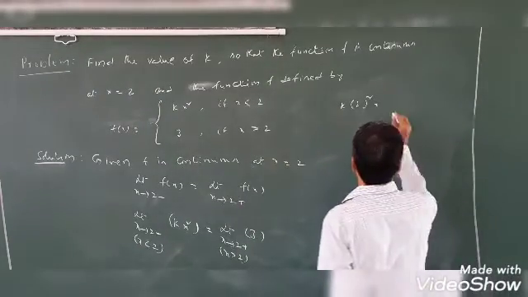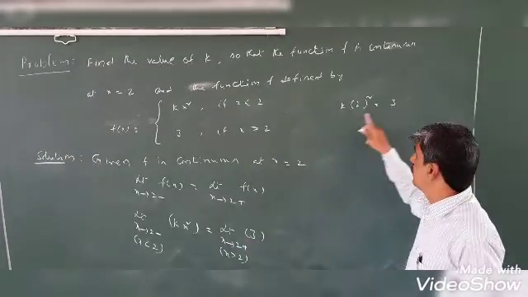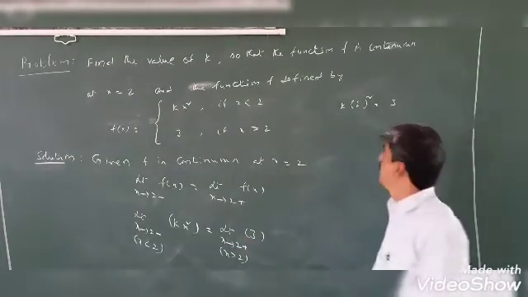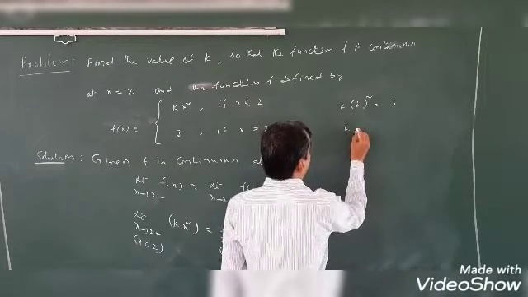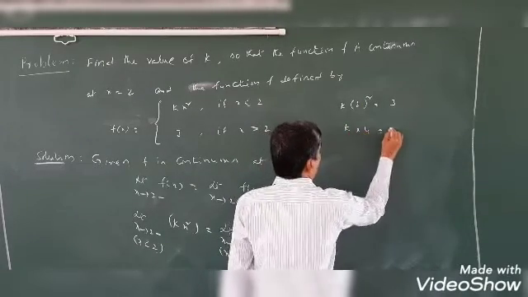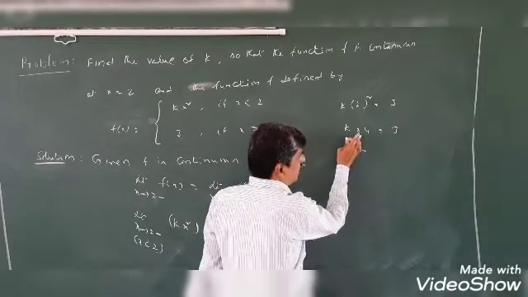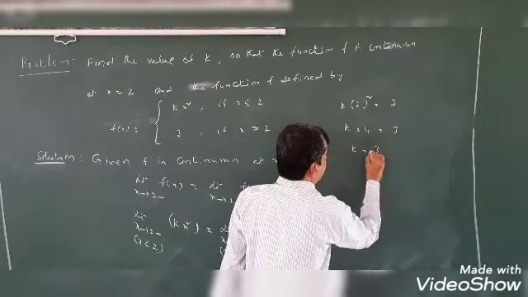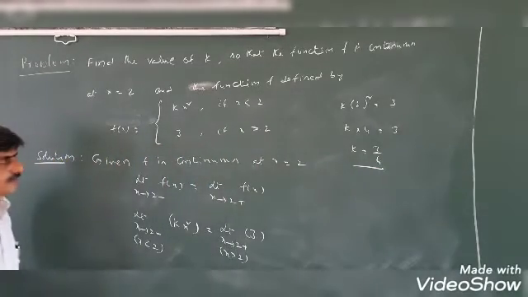There is no x means constant function, so whatever the x value, write that constant value. So k into 2 square means 4k is equal to 3. To find k value, shift this 4 to the other side. Then k is equal to 3 by 4.